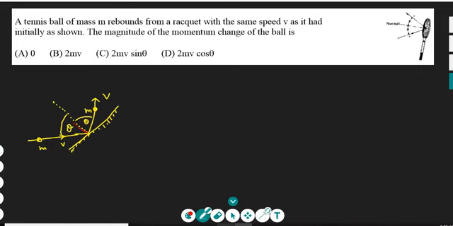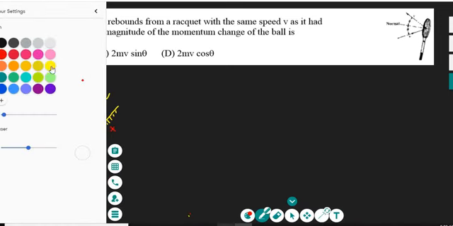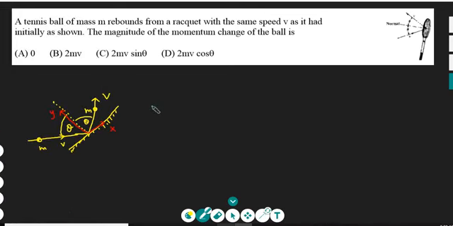This is my y direction, and let's say that this is my x direction. I'm trying to find the change in linear momentum in the x direction, and the change in the linear momentum along the y direction.